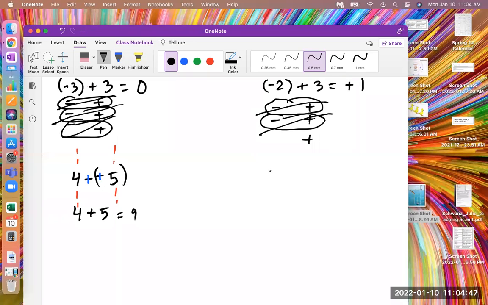Here's the other situation where you might have 4 minus a +5. So we had 4 minus a -5, and you could have 4 minus a +5. In this situation, you can think of subtracting as really just adding the opposite.